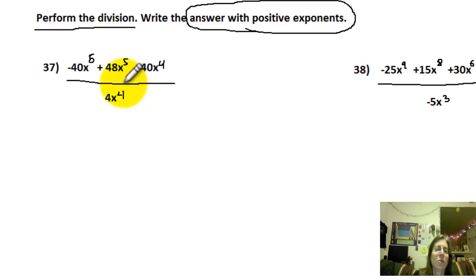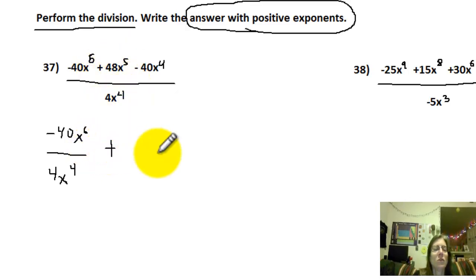So what I like to do is separate them out into three terms, because you can do that. You can say the minus 40x to the 6th power is divided by the 4x to the 4th. And then you use this in between, that's plus.